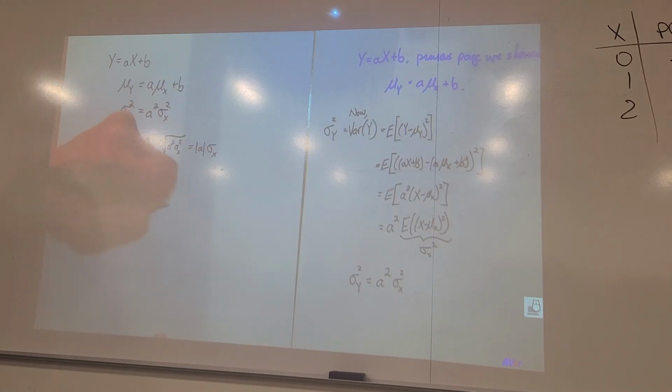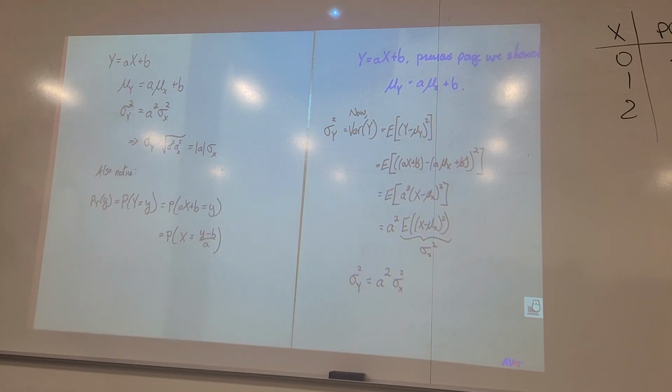So that's the probability that ax plus b is equal to y, which is the probability that x is equal to y minus b over a.